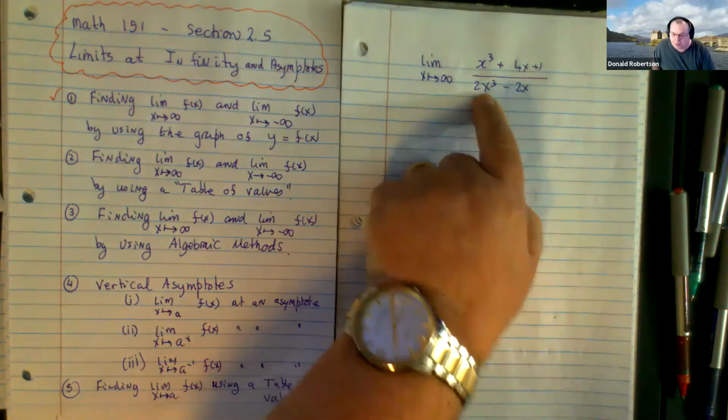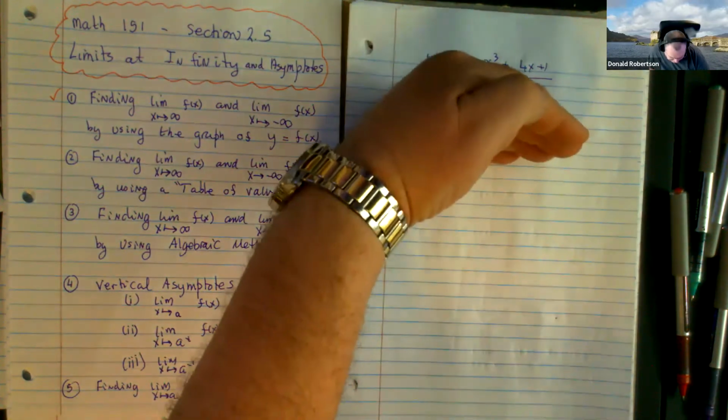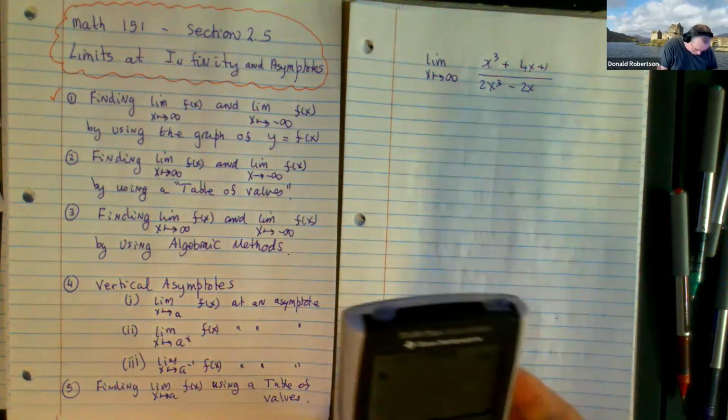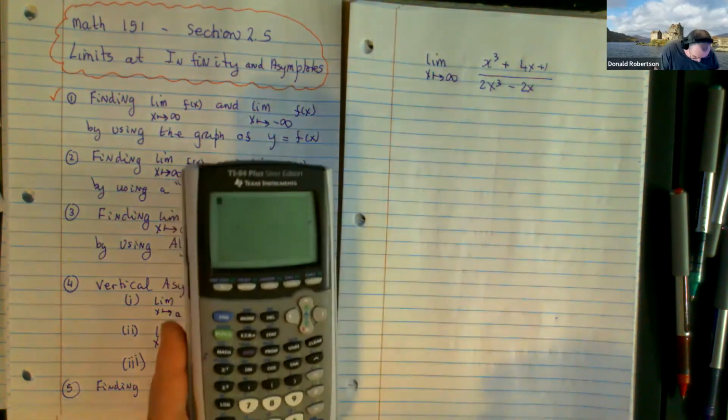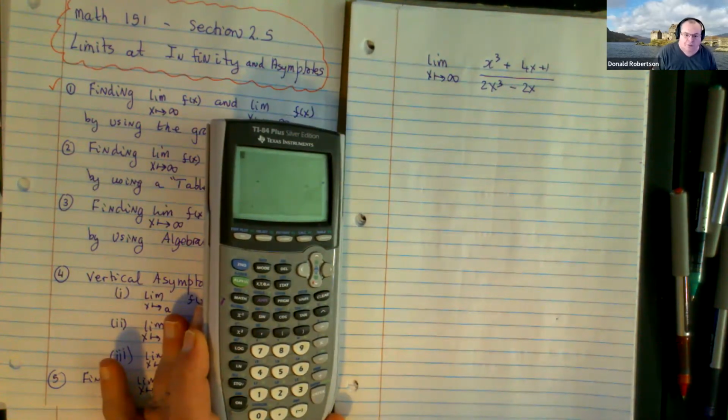Now, I could certainly put that into Desmos, and I would find out that it is leveling off. But the problem is, what number is it leveling off to? You can't really tell the horizontal asymptote because Desmos doesn't draw them. So we're going to do it using a table of values.